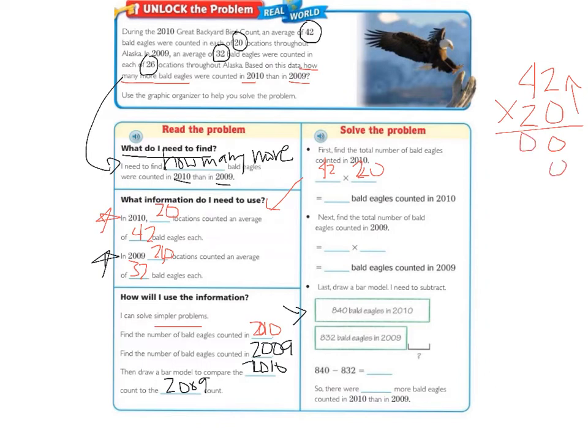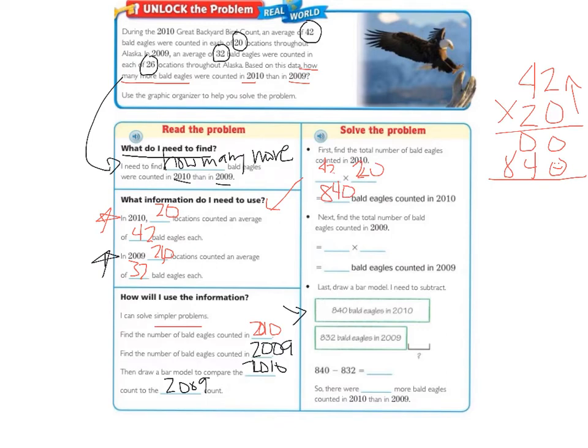We add our magic 0 to keep place. Then we go start with our 2. 2 times 2 is 4. 2 times 4 is 8. Add them together. So the number of bald eagles in 2010 was 840.